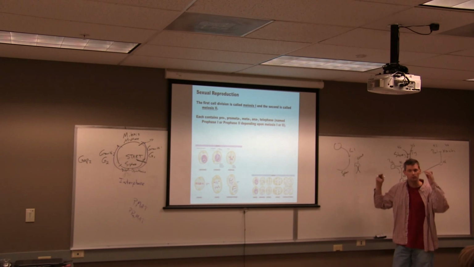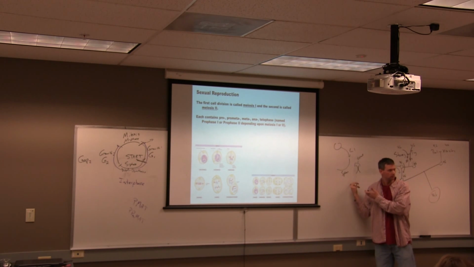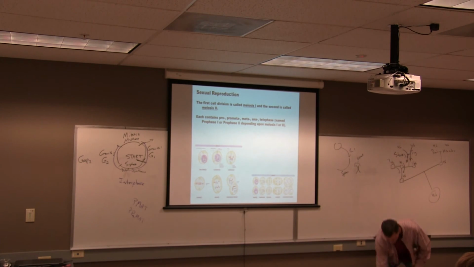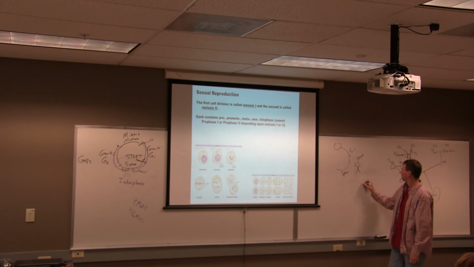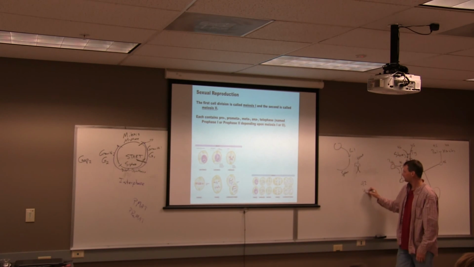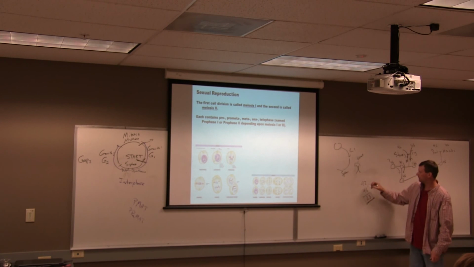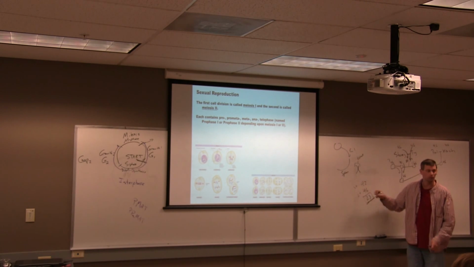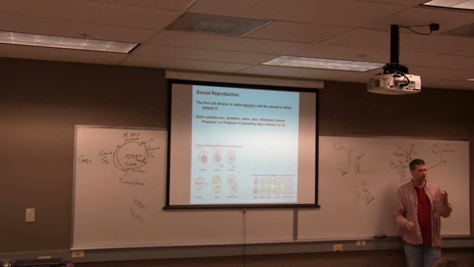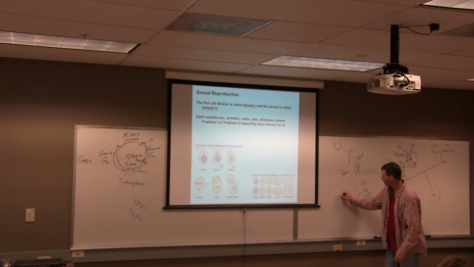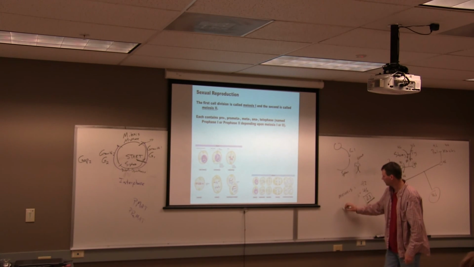So there's double the actual amount of DNA. So if we're at 92 and we want to get to 23, there has to be a cell division back to 46 and a cell division now down to 23. So there has to be cell division number 1 and cell division number 2. Meiosis is a cell division followed by another cell division. This is meiosis 1, and this is meiosis 2.